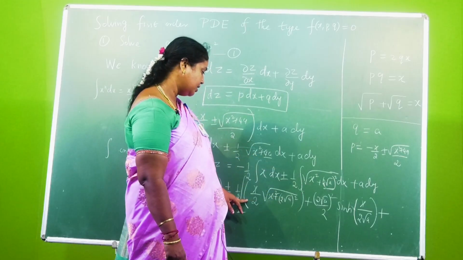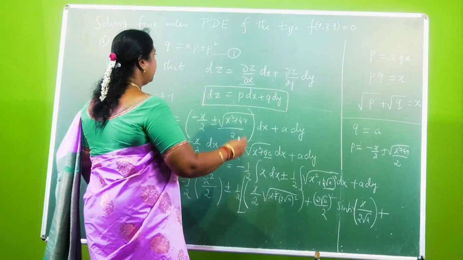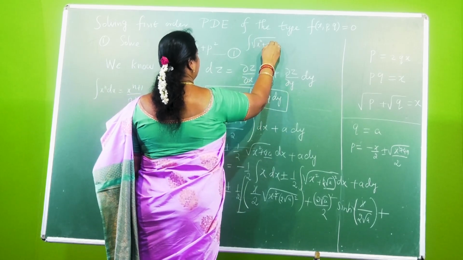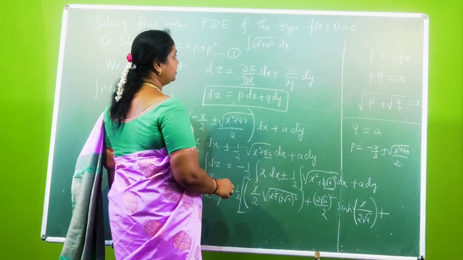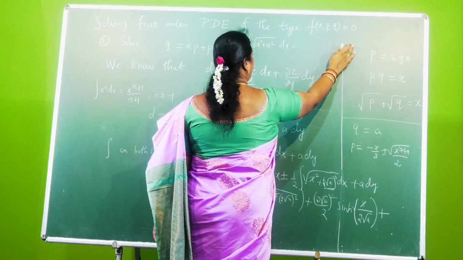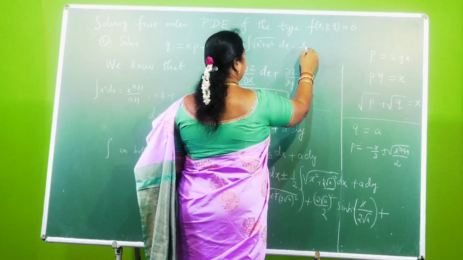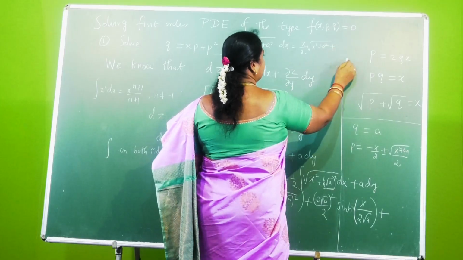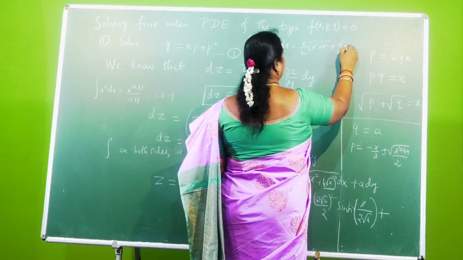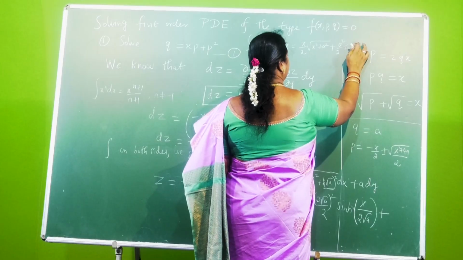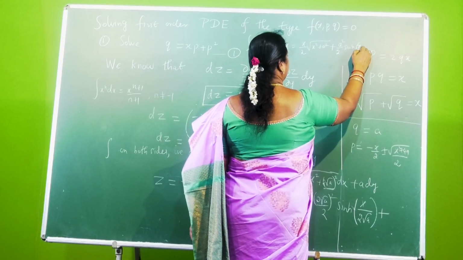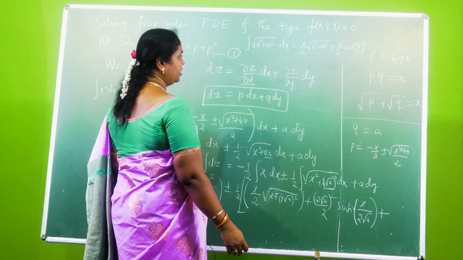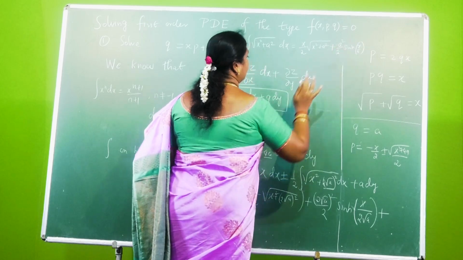The formula is x by 2 square root of x square plus a square plus a square by 2 sin h inverse of x by a.